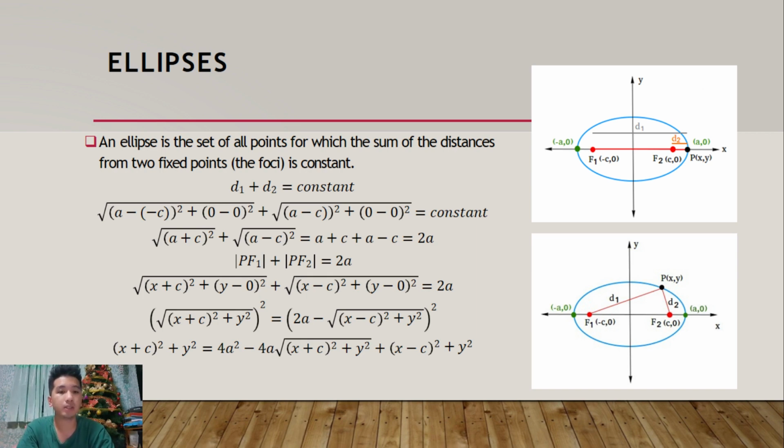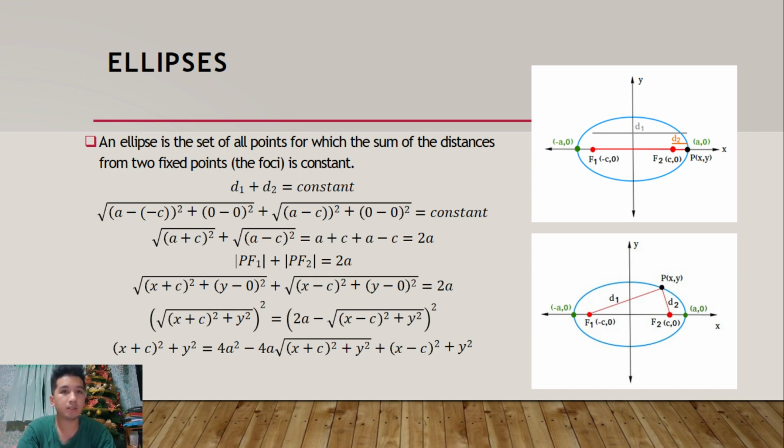The next one is the square root of (x minus negative c) squared plus (y minus 0) squared, plus the square root of (x minus c) squared plus (y minus 0) squared, equals a constant.